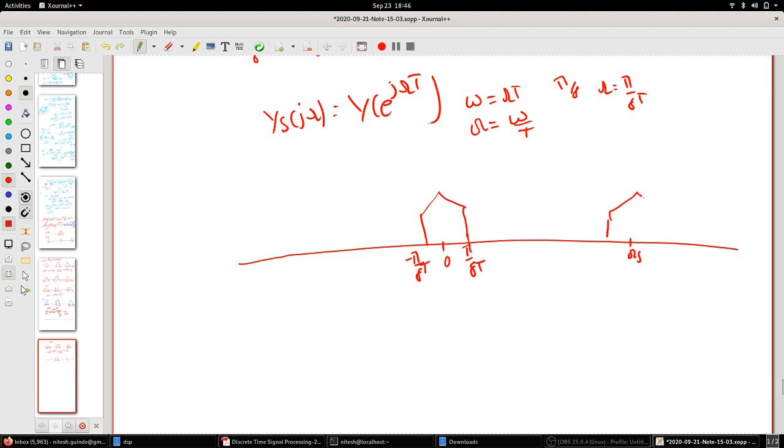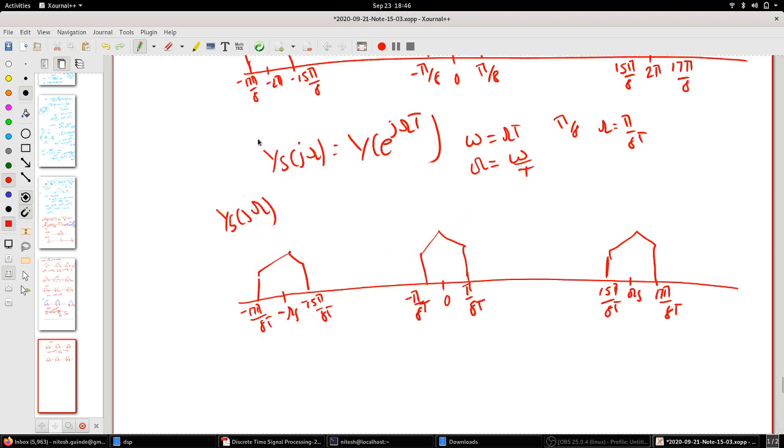This will be 17 pi by 8t, this will be 15 pi by 8t, and so on. So this is how you will get these waveforms. Minus omega s, minus 15 pi by 8t, minus 17 pi by 8t, and so on. So this is your Ys of j omega.